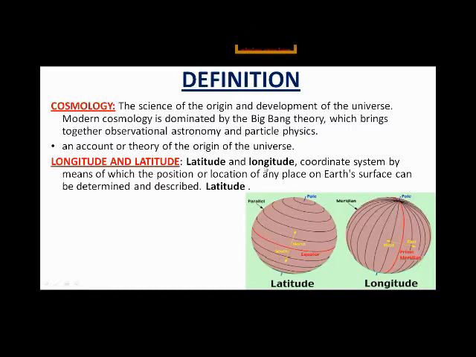Latitude and longitude are the coordinate system. It means they tell us the position and location of any place on Earth's surface.